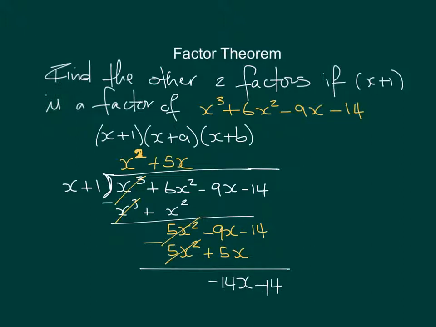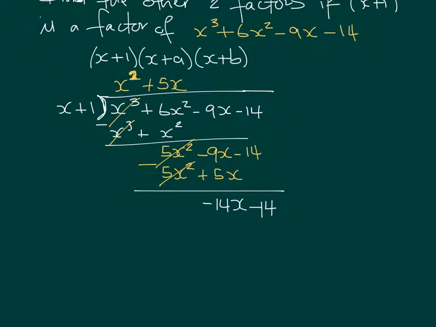and do the same thing again one final time, which will be, ask yourself, how many times does x go into minus 14x? Well, it goes in minus 14 times, so minus 14 goes there. Multiply it back out. Minus 14 times that x gives me minus 14x.